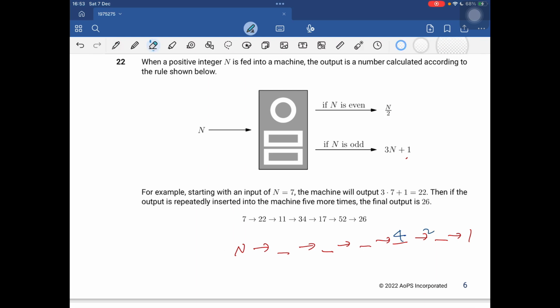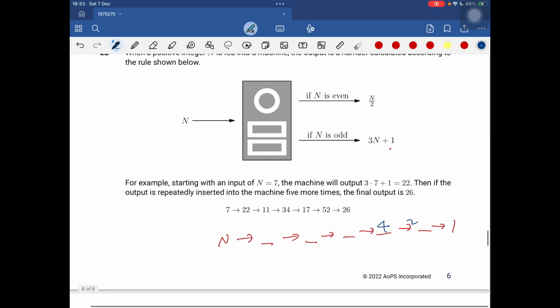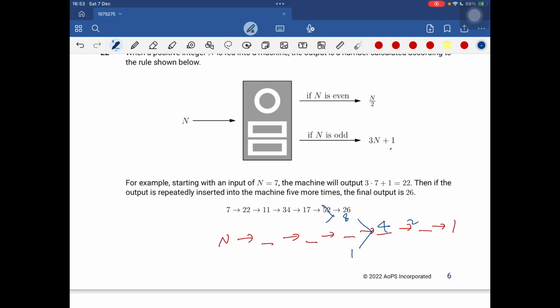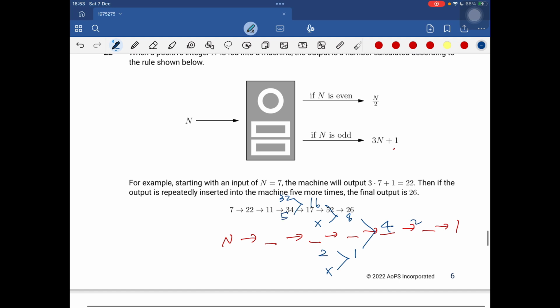There's no more other cases. But here, now it can be even or odd. So it can be 8 or 1. So if it was 8 and even odd, then 16 or it cannot be. And if it was 1, 2, and cannot be. So 16, 32, or 5.